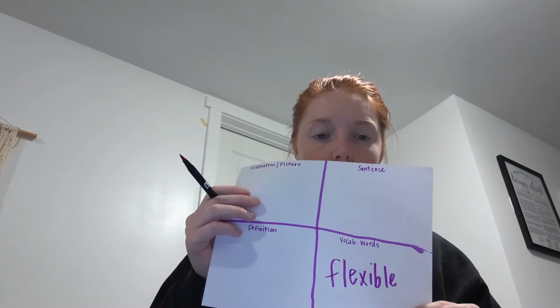So say my word is flexible, and that's about a second or third grade vocabulary word. So I would put the word flexible in this corner, and then I would probably want to do the definition next so that I know about what my illustration or picture is going to look like and what kind of sentence I'm going to write.